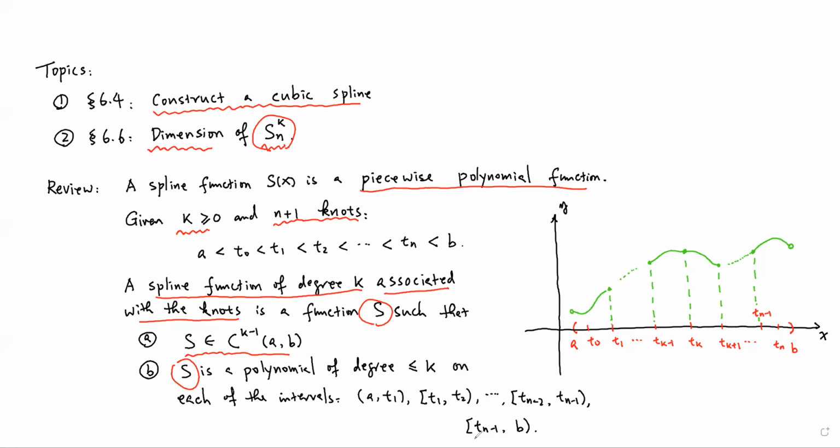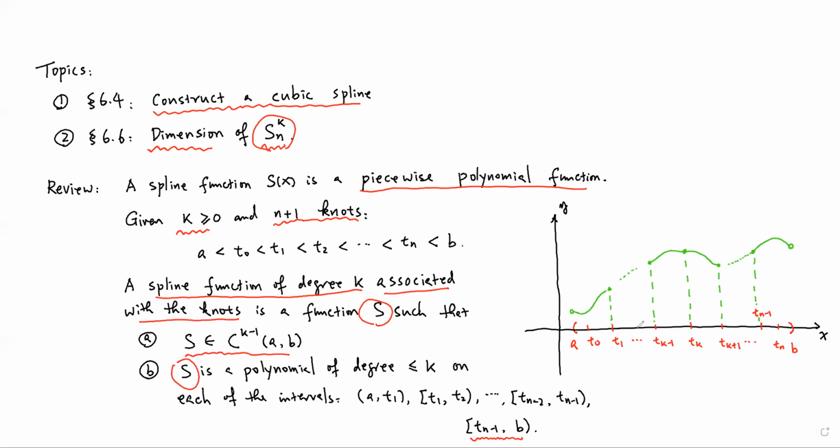The last interval is tn minus 1 to b. Over this interval, it is a polynomial. This is the definition of a spline function.